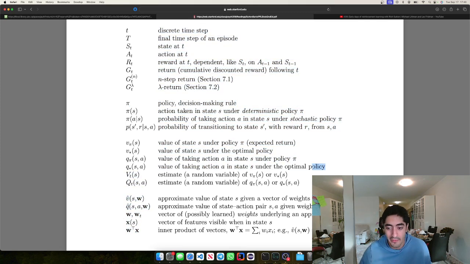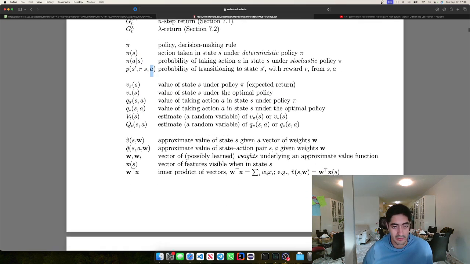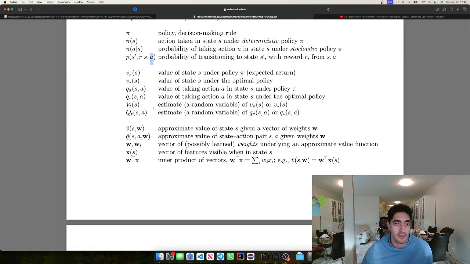So you can have not the optimal policy, you can just have a pi. Action taken, probability of action taken. Okay.